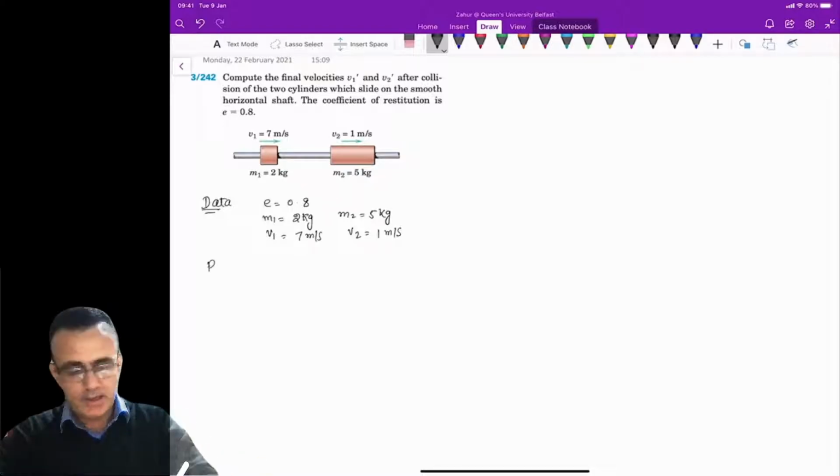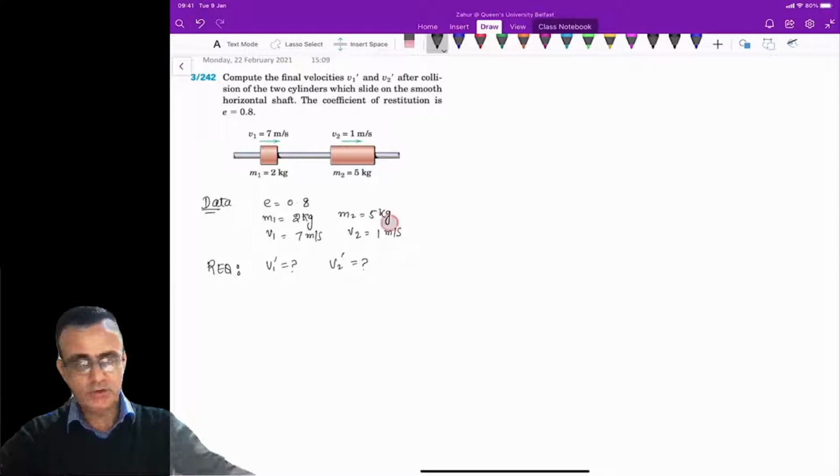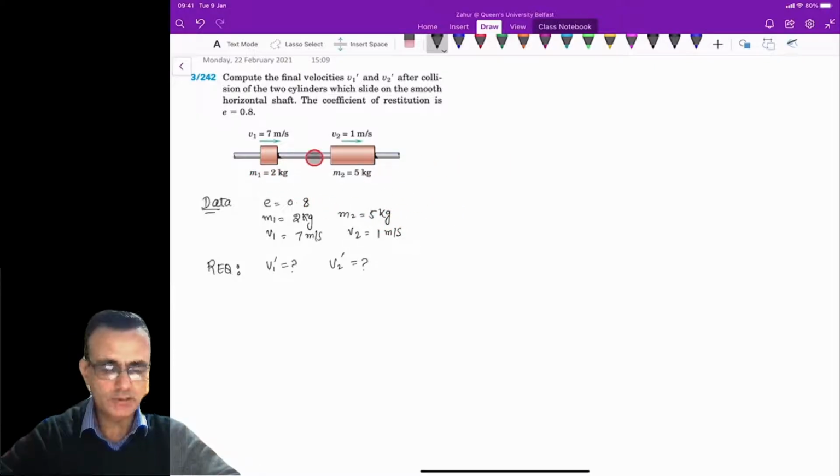And the requirement here is that you have to calculate v1 dash and v2 dash, which are the velocities of these two bodies after impact.